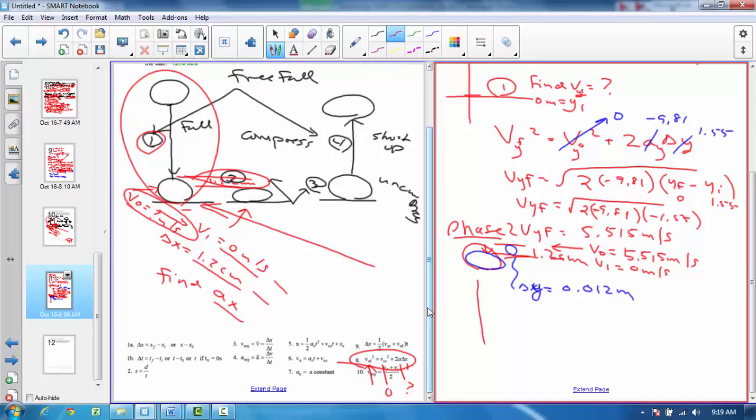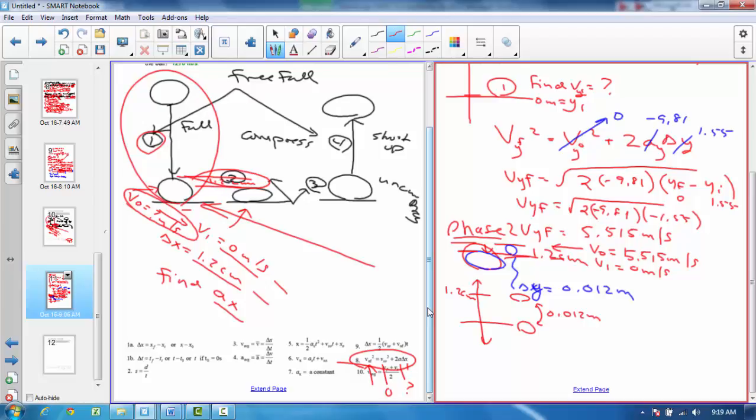So we're going to draw a y-axis to neaten this up a little bit. Basically, we've got the top of our ball. So really what we're looking at is the top of the ball. It starts out at 1.2 centimeters, and the top of the ball ends at 0 centimeters. So that's going to be a 0.012 meter difference. All right, so we use equation 8 again because we need to find acceleration.